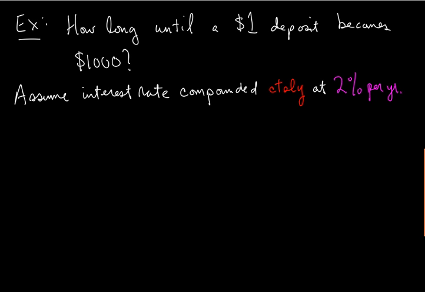A natural question to ask in this case is, how long do you actually have to wait? And let's say that the bank you're depositing it at compounds the interest continuously at an annual rate of 2%. So with all that information, let's find how long you have to wait until $1 becomes $1,000 at this bank.